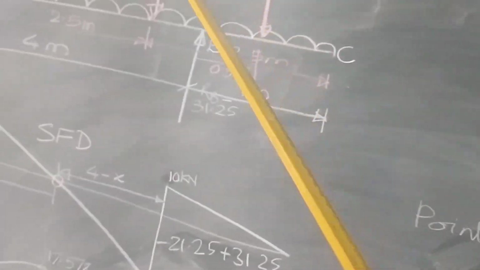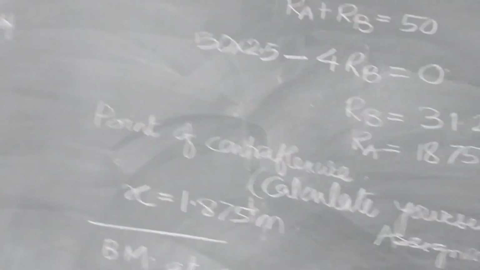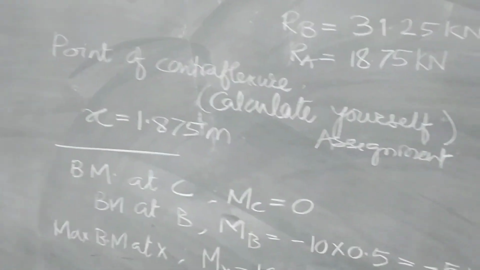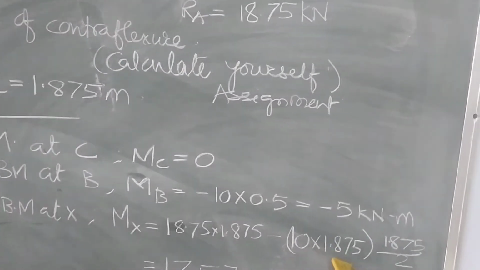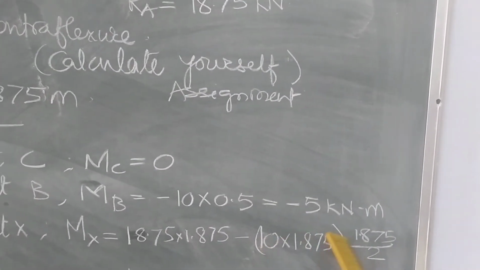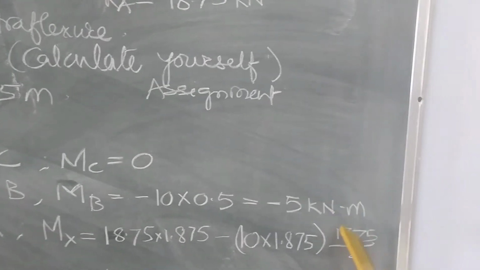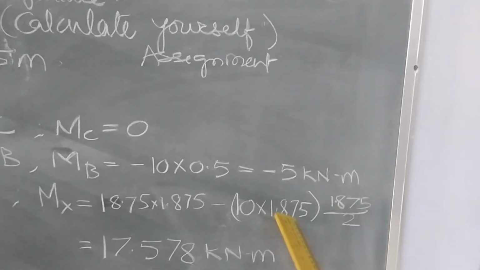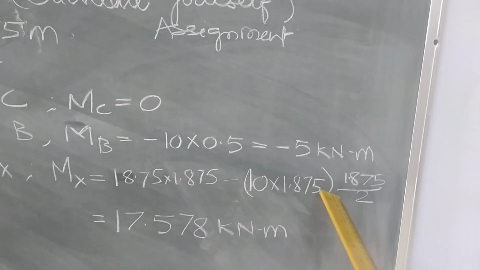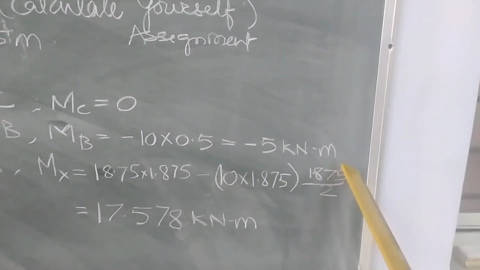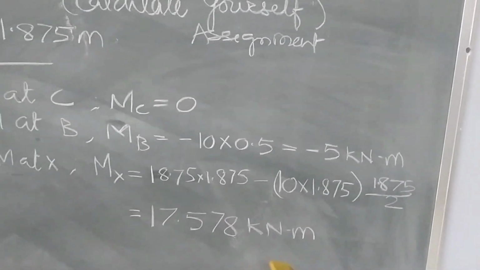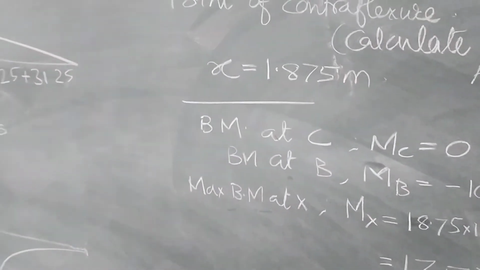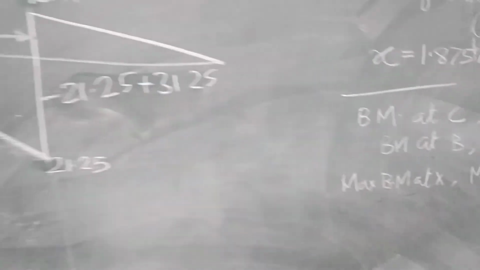Again, there is only one load, the UDL, towards the left of point X, that is the point of contraflexure, minus 10 into 1.875, this is the intensity of UDL, multiplied by where it acts, at the midpoint. So, 10 into 1.875 into 1.875 divided by 2. So, that is nothing but 17.578 kilonewton meter.